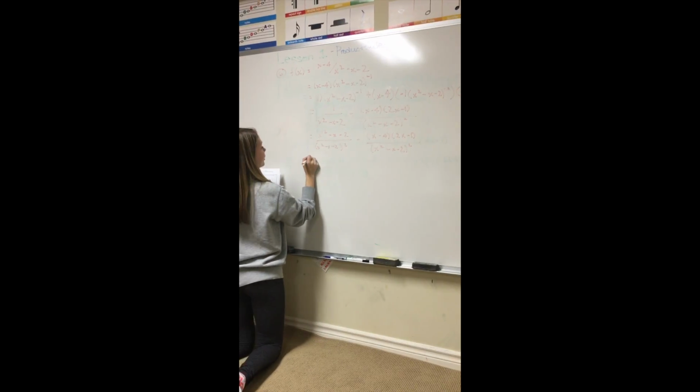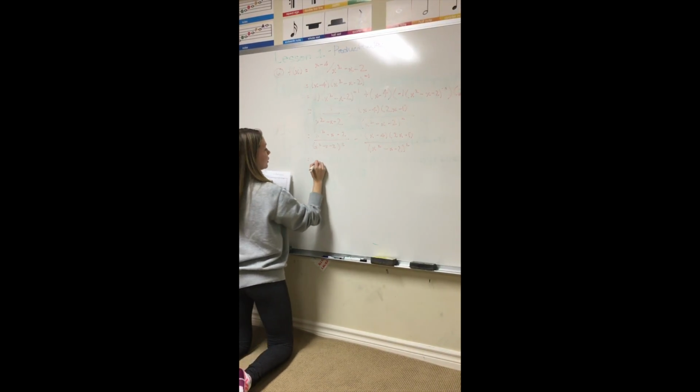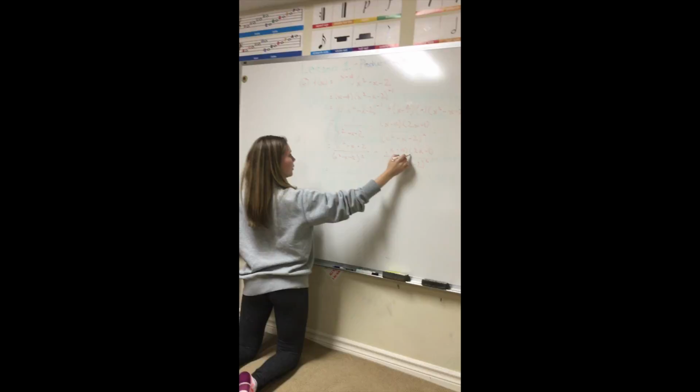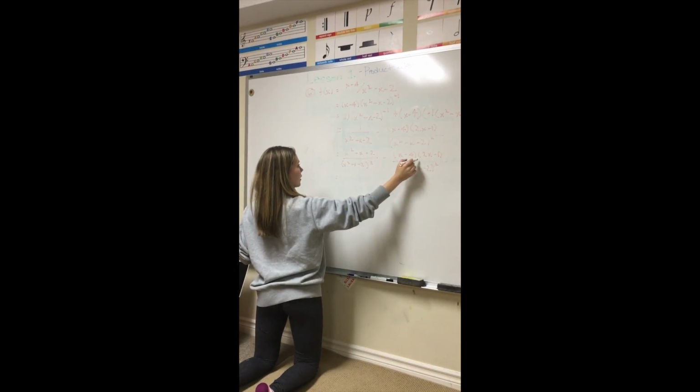We're then going to collect our like terms from this expression. Before we do that, we are going to factor out this.